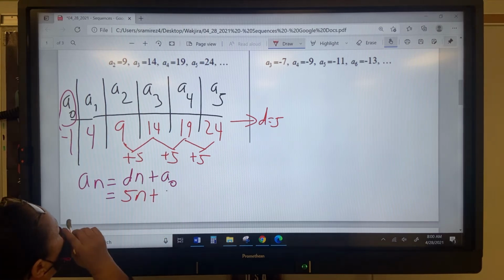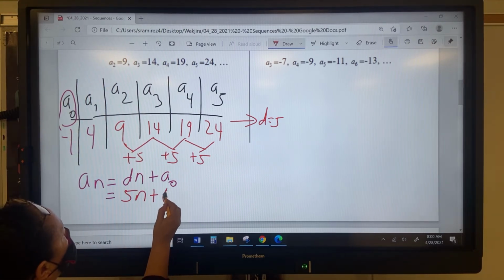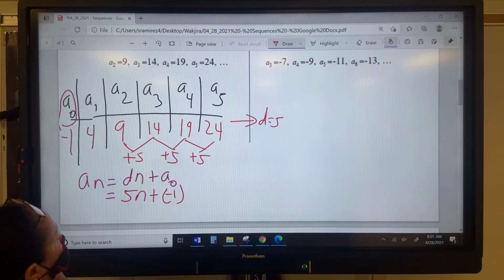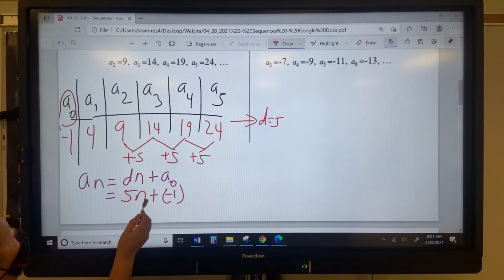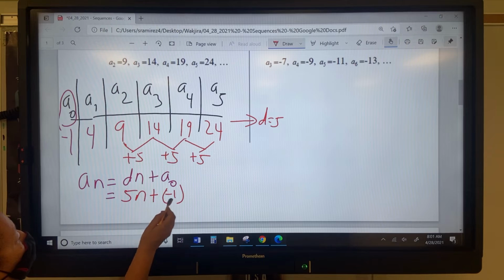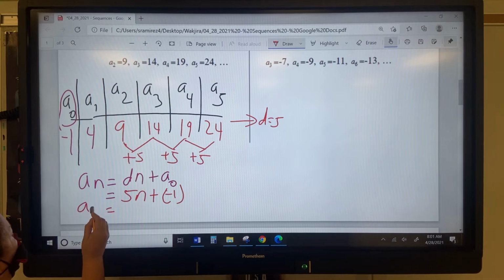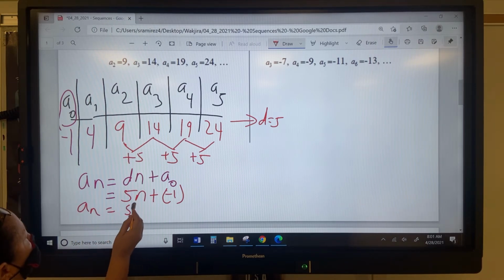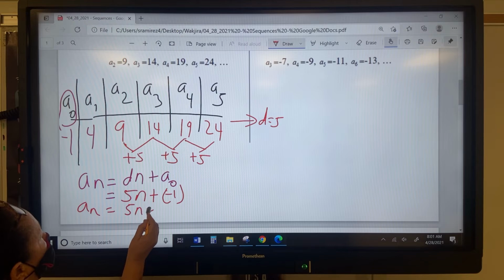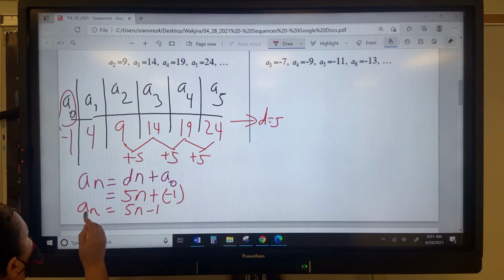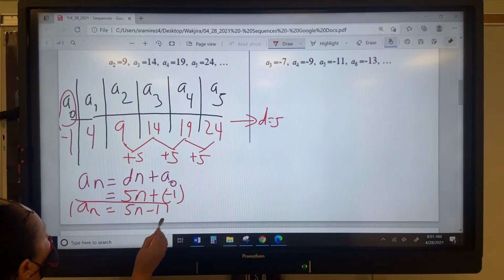Since it is minus 1, we put it in brackets like this, because we cannot write plus and minus together. When we multiply this, we get minus. So our a sub n equals 5n minus 1.